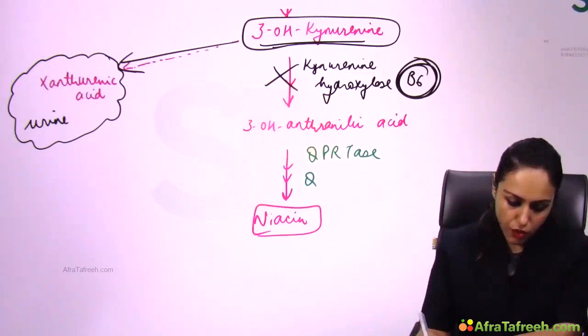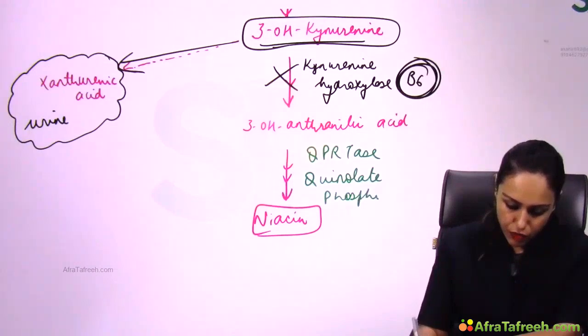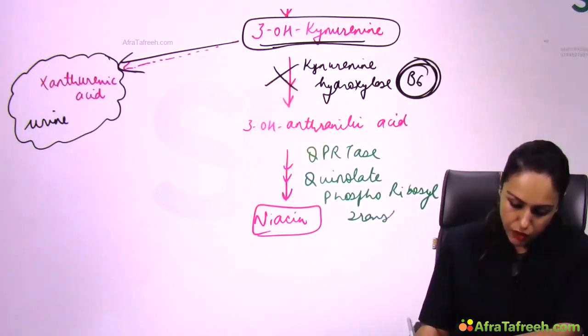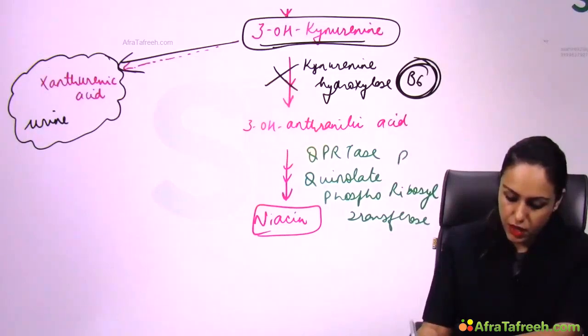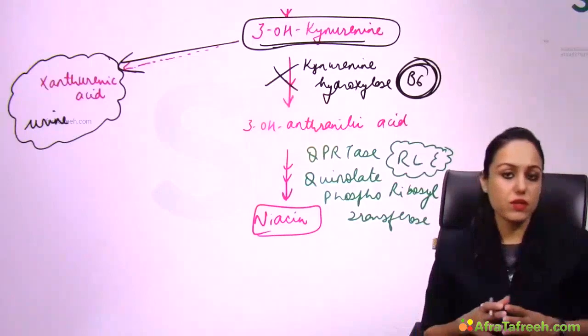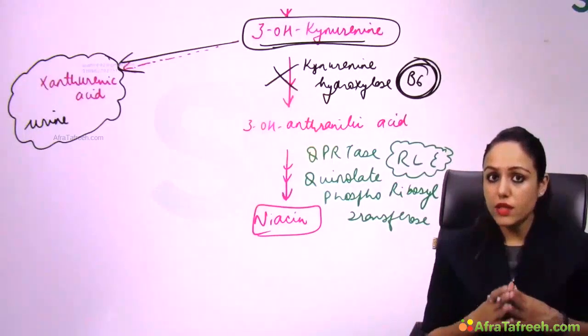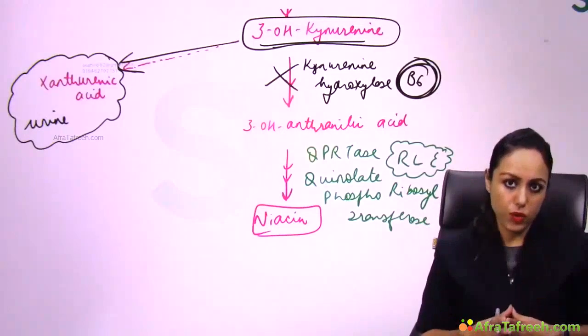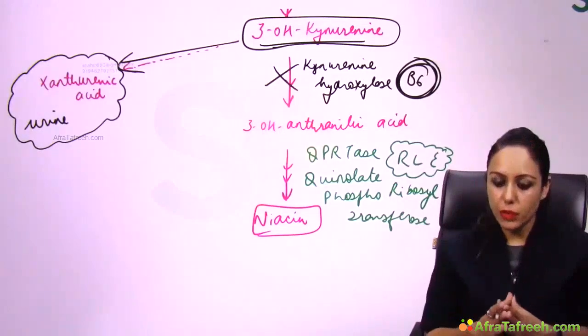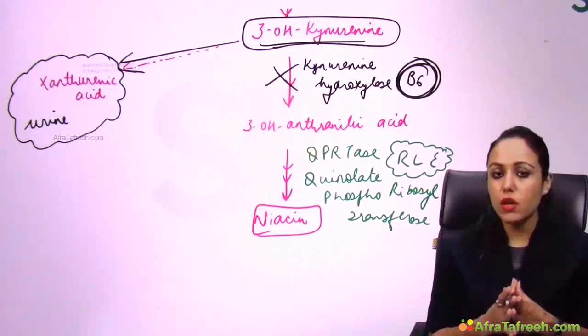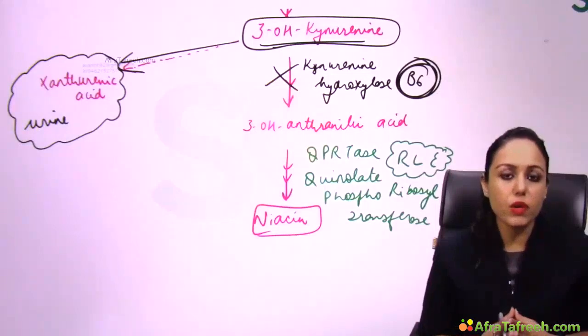Q stands for quinolinate phosphoribosyl transferase. This enzyme is the rate limiting enzyme in the formation of niacin vitamin, right? So this is known as the kynurenine anthranilate pathway, and here you have seen that vitamin B6 deficiency will lead to xanthurenic acid coming in urine.